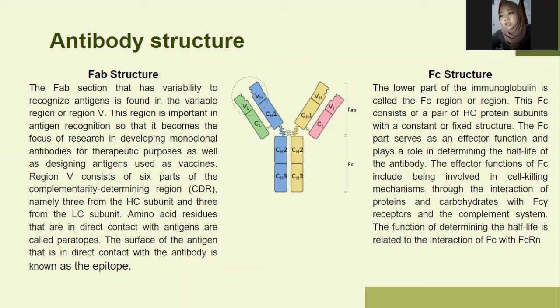The effector function of Fc includes being involved in cell-killing mechanisms through the interaction of proteins and carbohydrates with the FcγR receptor and the complement system. The function of determining the half-life is related to the interaction of Fc with FcRn.